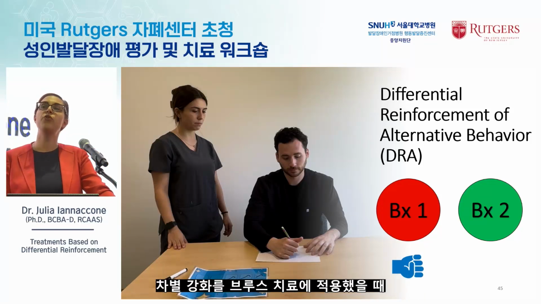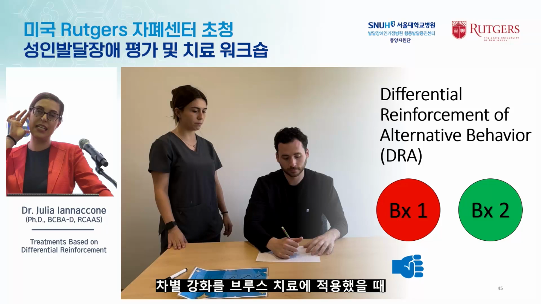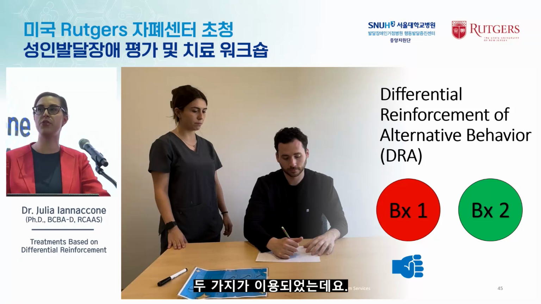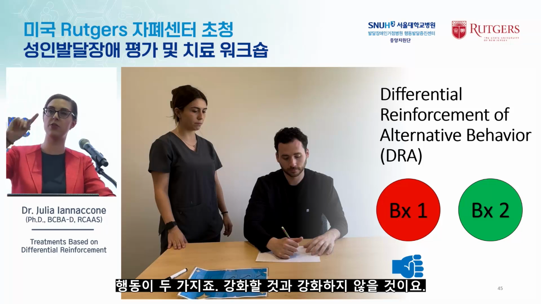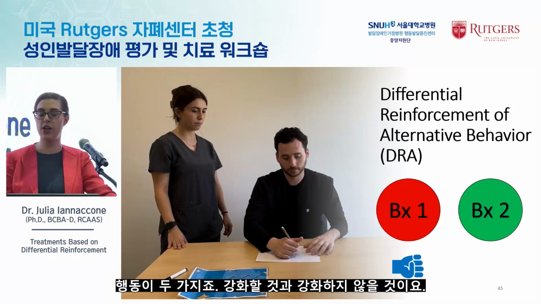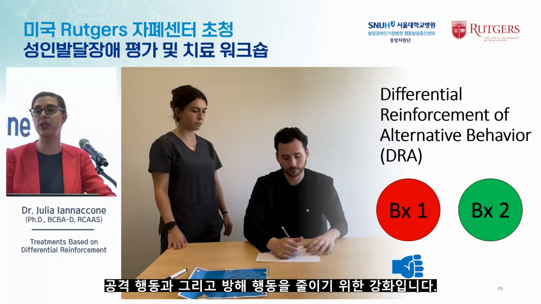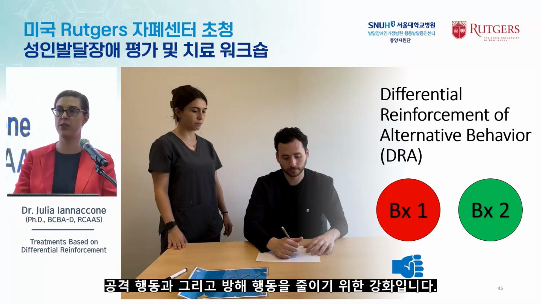There are two forms of differential reinforcement in Bruce's treatment plan. When we're talking about differential reinforcement, remember there's always two behaviors, one we're not going to reinforce and one that we are. For Bruce, behavior 1 is problem behavior. Specifically, we're targeting his aggression and his disruption with differential reinforcement.